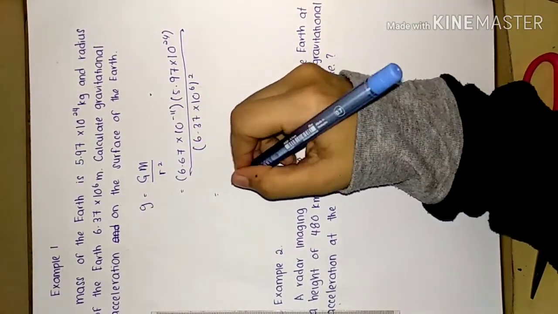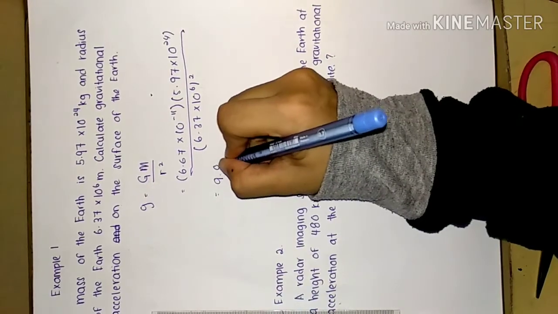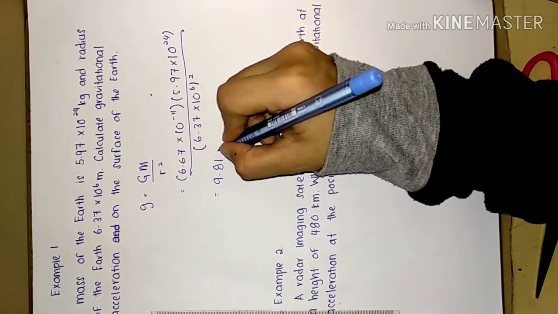So we get 9.81 meters per second squared.